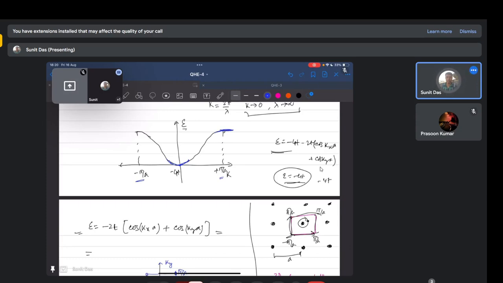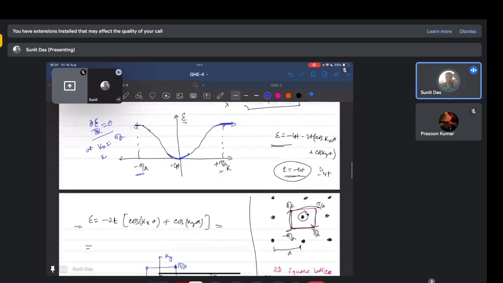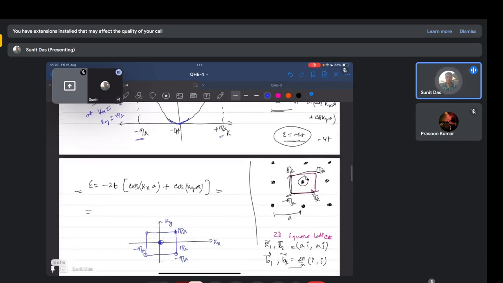So del epsilon by del k is exactly 0 at, let's say, kx equal to pi by a, and similarly ky equal to pi by a. You can actually directly prove this from this expression also.